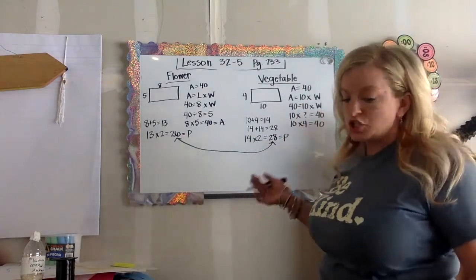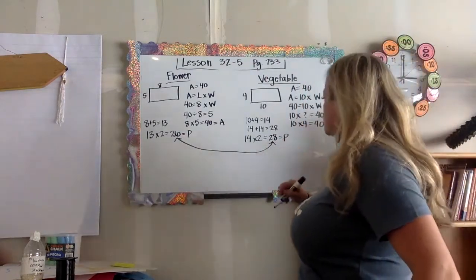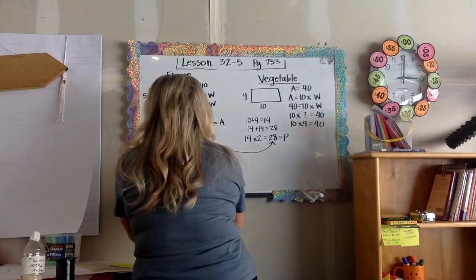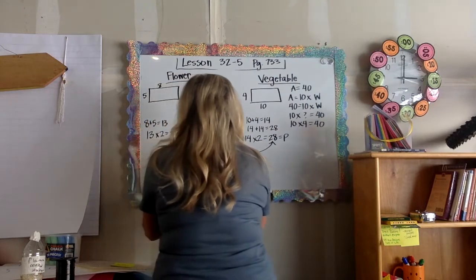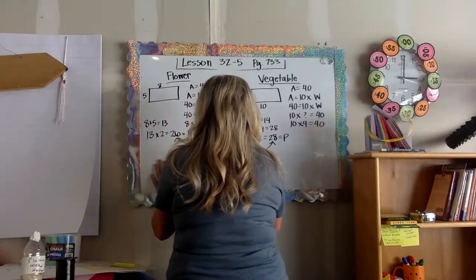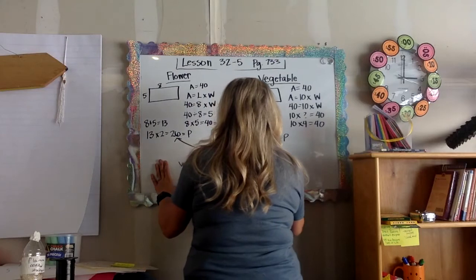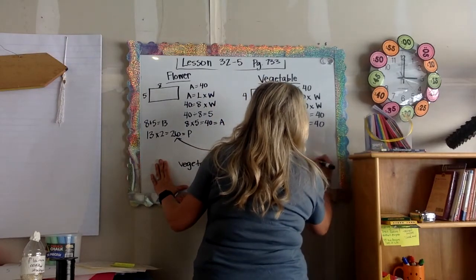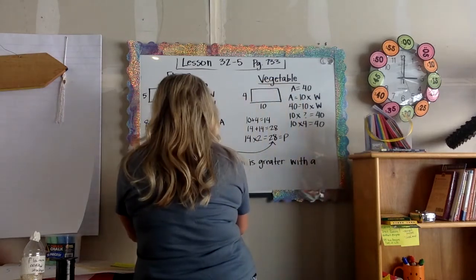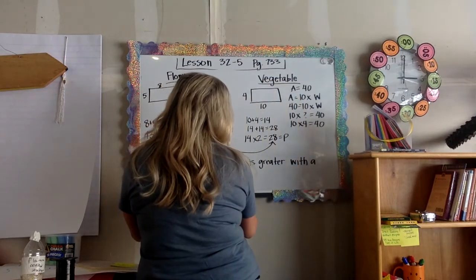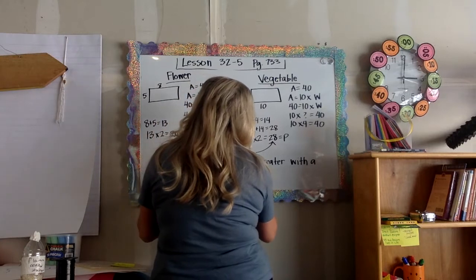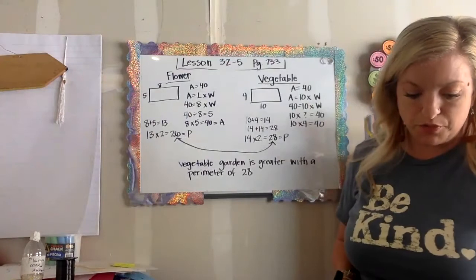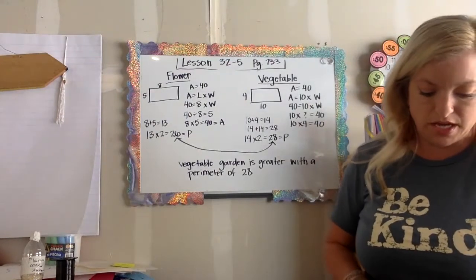Well, her vegetable garden has a greater perimeter because it's 28. Okay, so the vegetable garden has a greater perimeter because its perimeter is 28.